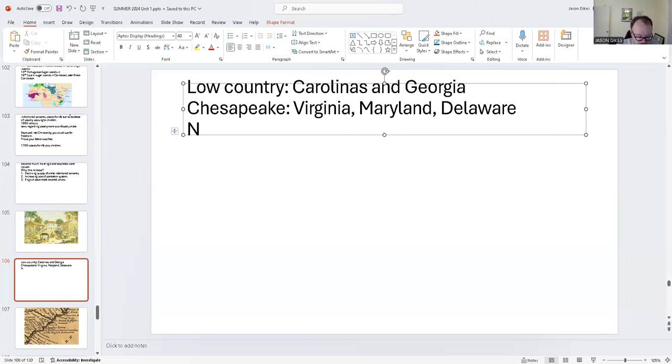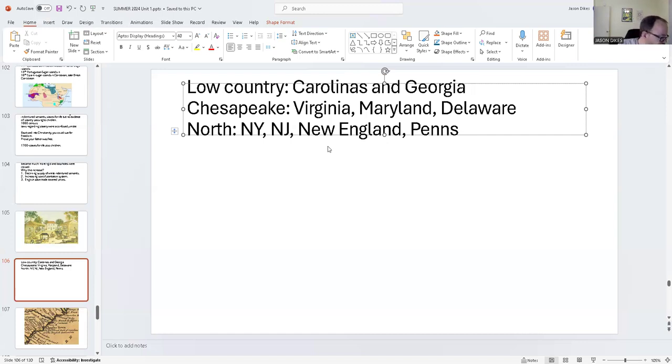And then finally, what we're going to call the North, but don't think of this as a north-south divide. That doesn't exist yet. But this would basically be New York, New Jersey, and then, of course, New England and Pennsylvania. So the experience of a slave, whether born into slavery or brought over as a slave, really depends on which of these three areas they wind up in.